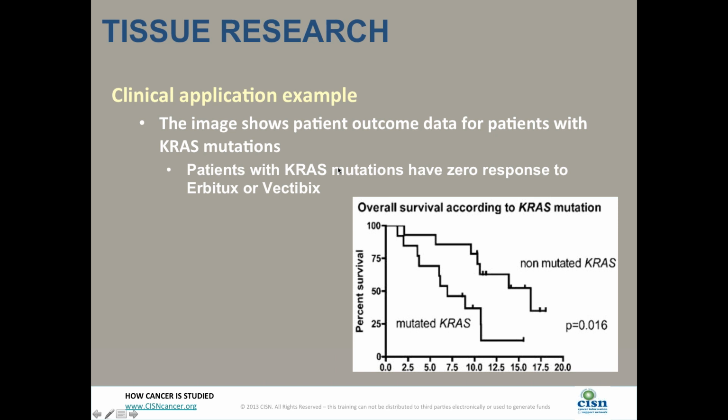So today, their tissue will be tested. If they have a KRAS mutation, they won't receive these two drugs. In the meantime, the pharmaceutical industry came up with new drugs to treat people with a mutated KRAS. So that's why it's so important to do the correlative science. That's why it's so important to get donated tissue in a clinical trial, because we find out a whole lot from that.